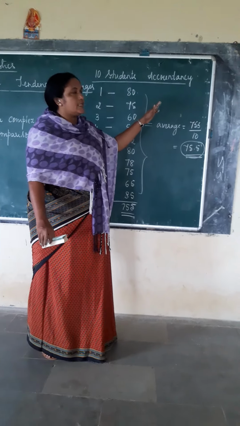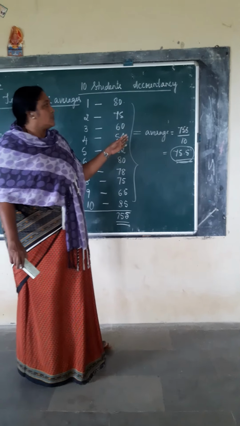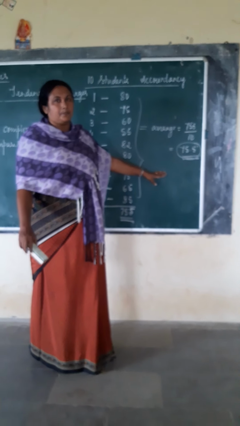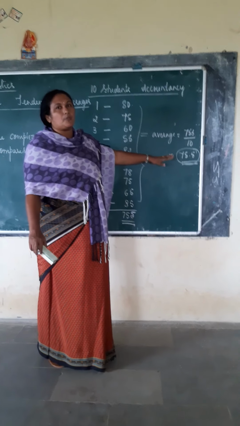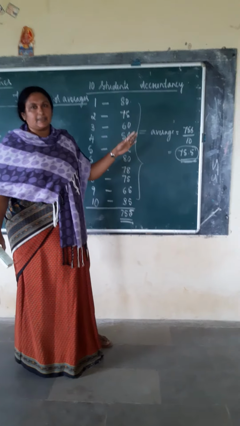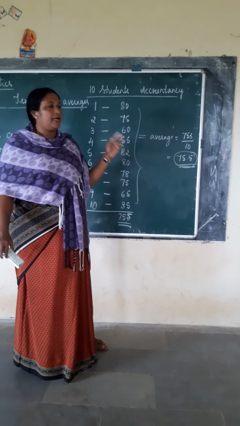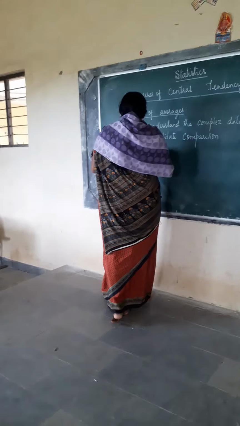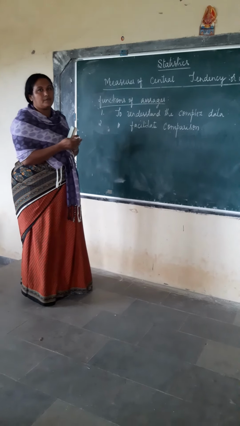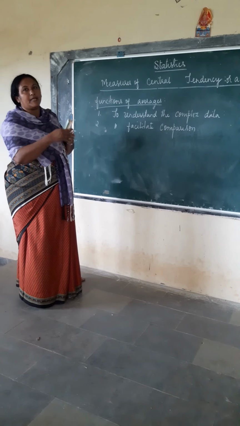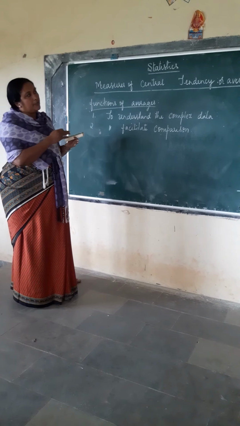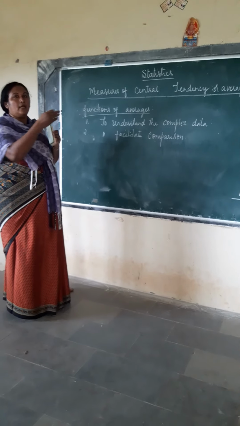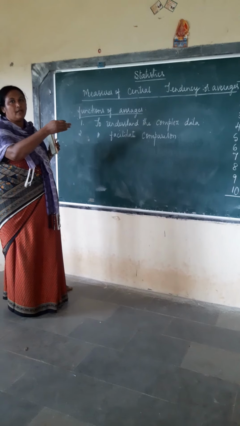So what you can do is take other subjects, like economics or statistics, and find out the average mark that can be scored by a student in those subjects. So you can compare, and after comparison it may help you to take a decision. What decision? How to improve the performance of the student. Whether your performance is better in other subjects or below that. If it is below, then how to improve the performance. And if it is good, how to maintain it further.